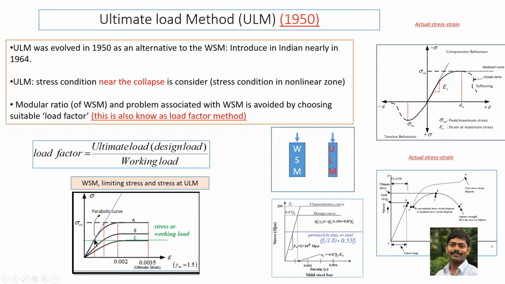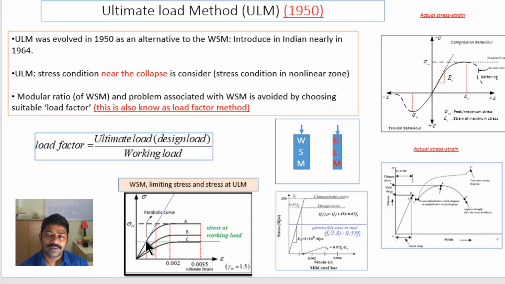This value represents 0.33 fck, and if you multiply by the load factor, it will be your stress under the working load. Since it was based on linear elastic theory, stress was allowed up to the linear part.